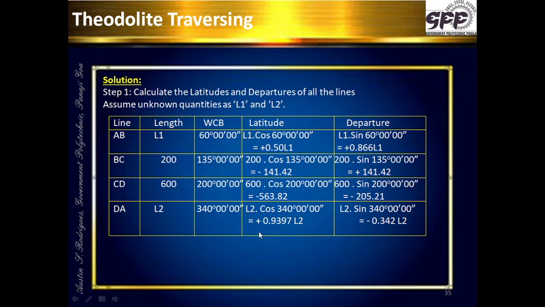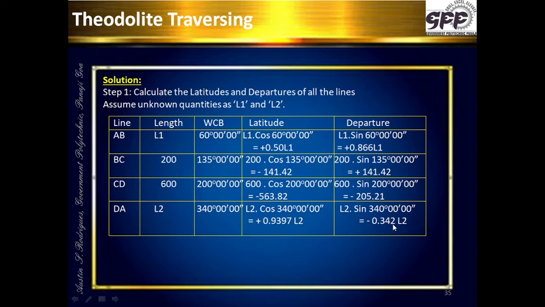We get plus 0.9397 L2, which tells me that the latitude is in the north direction. The departure is L sine theta, so L2 into sine of 340 degrees. This gives me minus 0.342 L2, which means this is in the west direction.